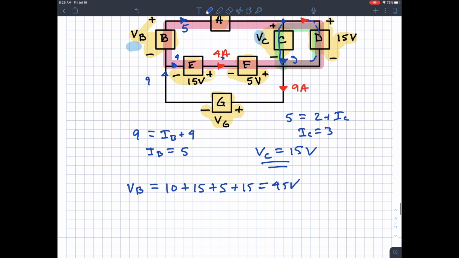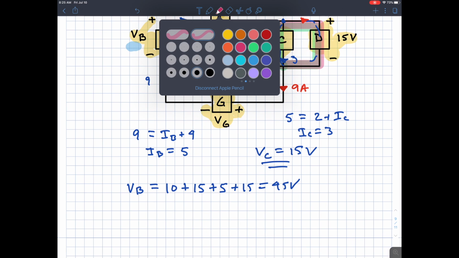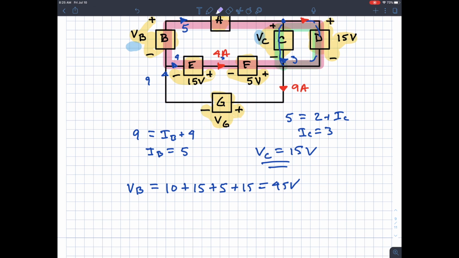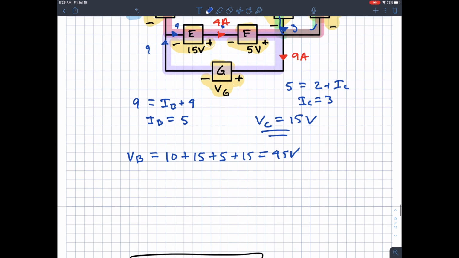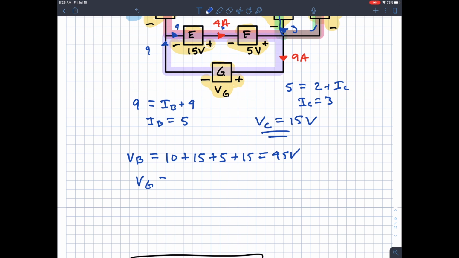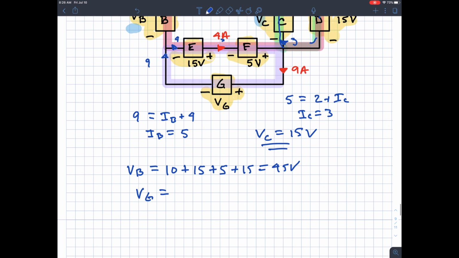Okay, and then finally VG. When I initially identified the unknowns, I didn't see that one. So we also got to get VG. All right, you can go in different directions. I'm going to go this way, just for grins. If I go in that direction, that would give me a rise of VG is equal to a drop of 5 plus a drop of 15.